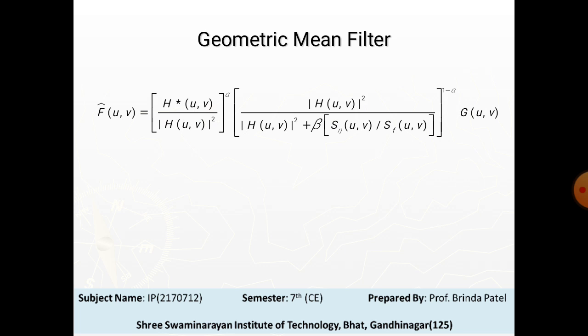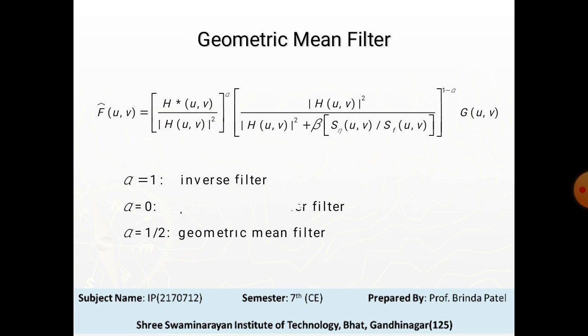The generalization in this form is known as the geometric mean filter, which is F hat of (u,v) is equal to [H conjugate(u,v) upon |H(u,v)|^2] raised to alpha, into [H conjugate(u,v) upon |H(u,v)|^2 plus beta times Sn(u,v) upon Sf(u,v)] raised to 1 minus alpha, into G(u,v), with alpha and beta being positive real constants.